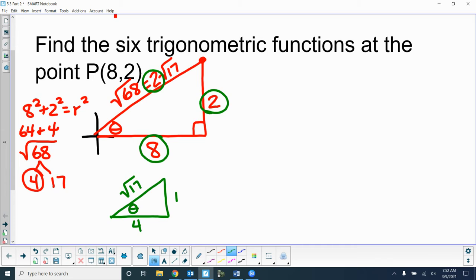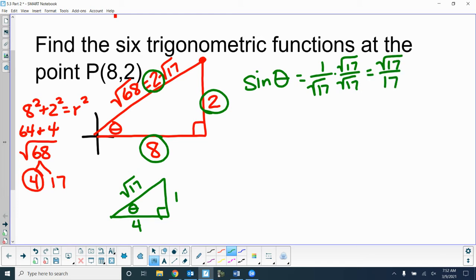All right, so for sine, it's opposite 1 over hypotenuse, the square root of 17. Which means I have to rationalize it. So it's the square root of 17 over 17.